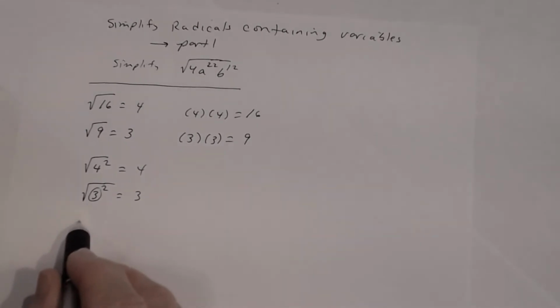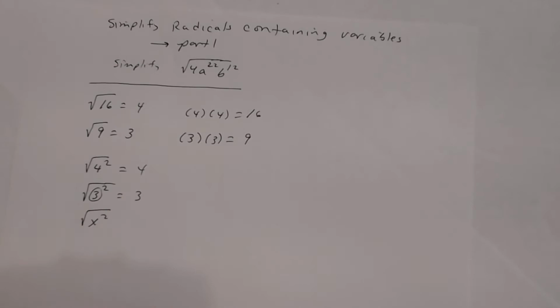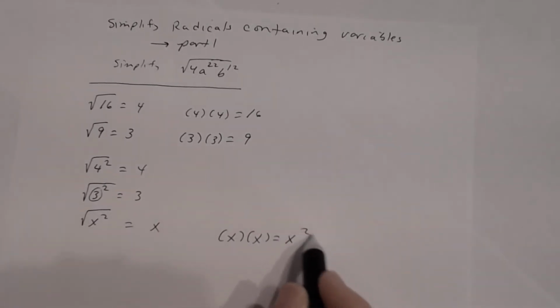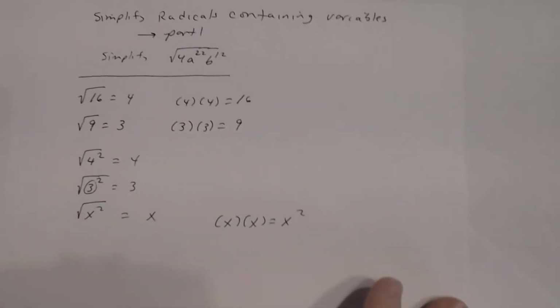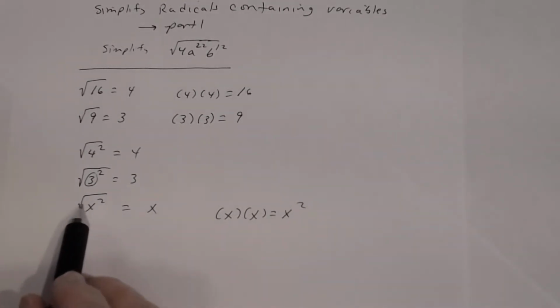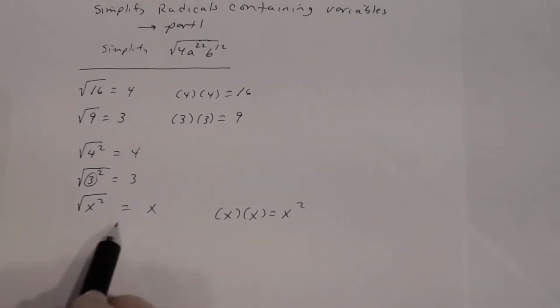For example, if I have the square root of x squared, I know that the square root of x squared is x, right? Because x times x is x squared. But is that always true? If I have some base raised to the second power, is it always going to equal the base?